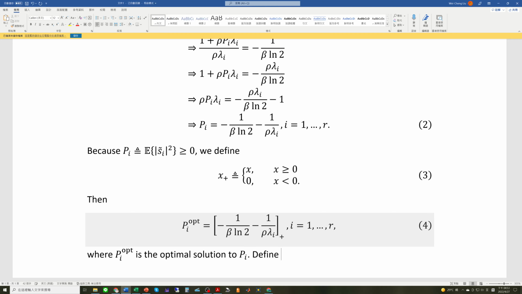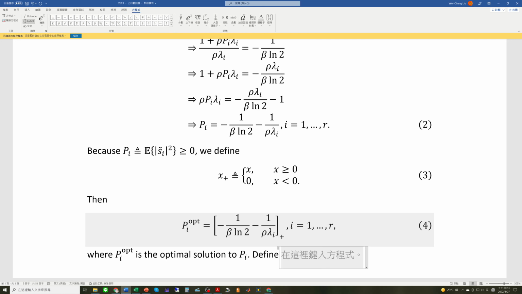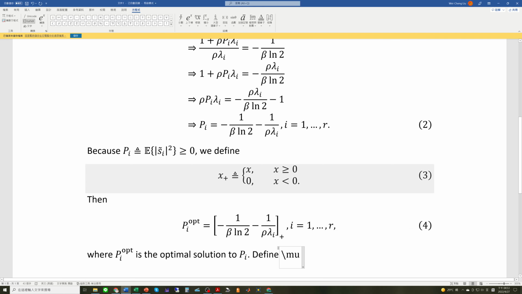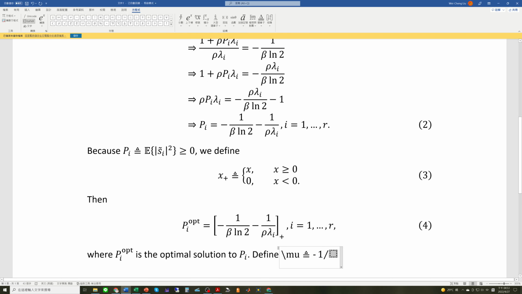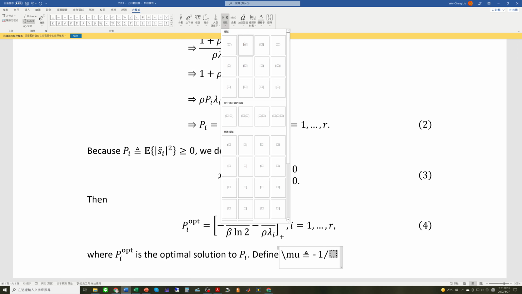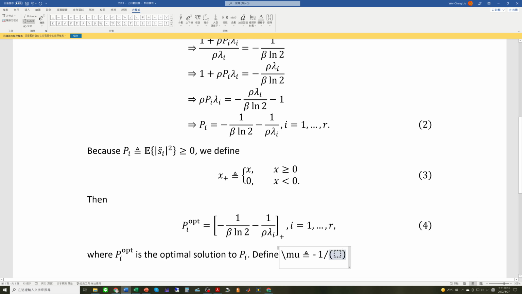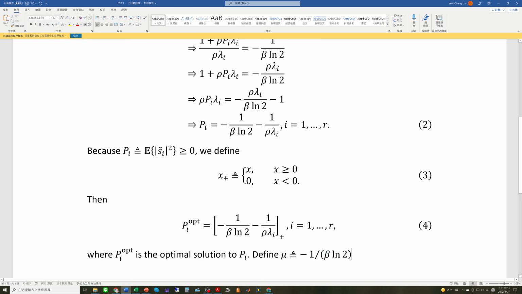Define mu as minus 1 over rho beta natural log 2.